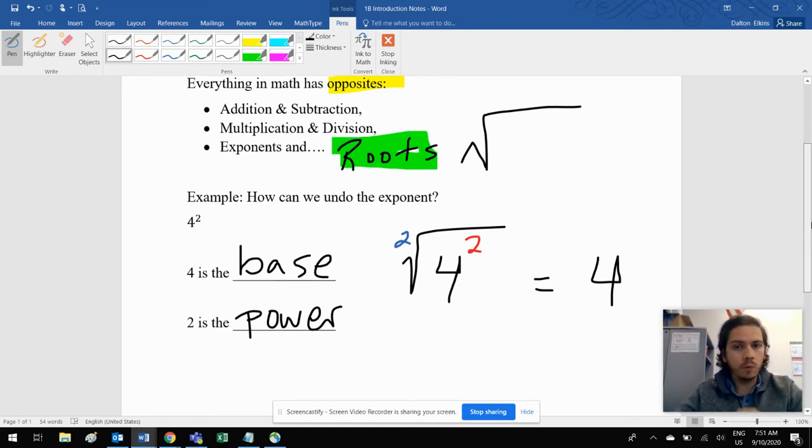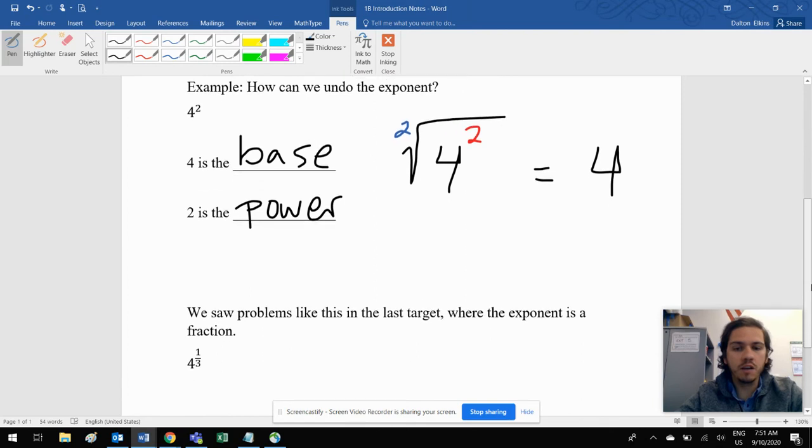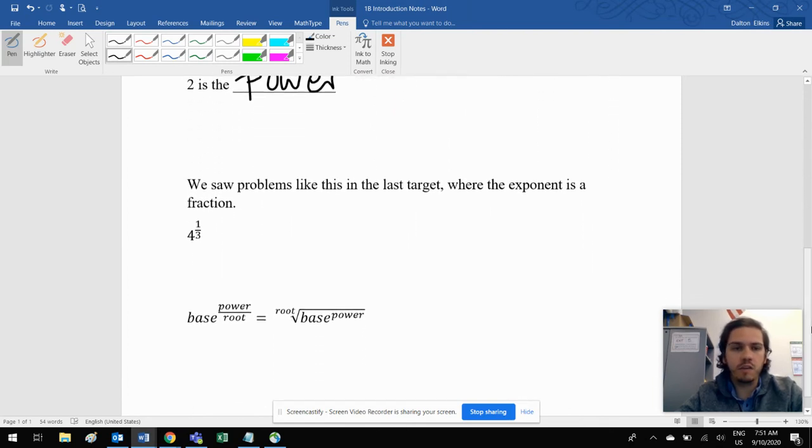One of the things that we saw in the previous target was 4 to the power 1/3, right? We saw these fractions as exponents, and these follow a rule, right? Base to the power over root. We could rewrite them as radicals by following this form. So let's go ahead and rewrite this right here.